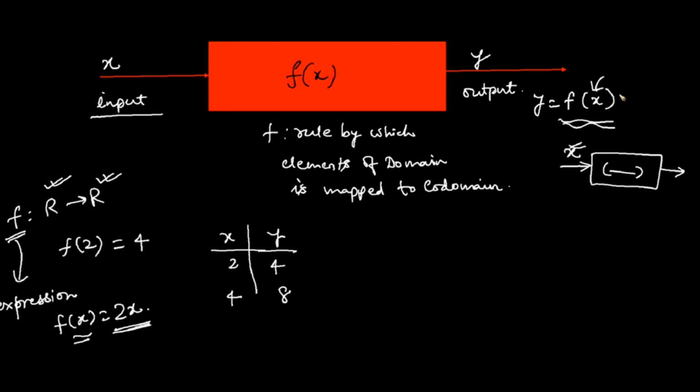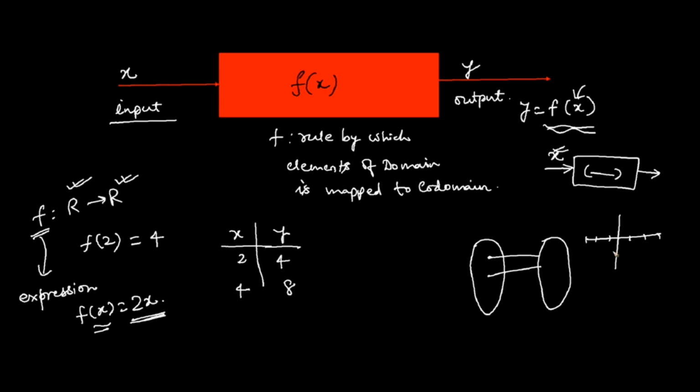Now, in relations also we have seen many different representations showing the mappings. Another representation we have seen is that of a Cartesian plane.